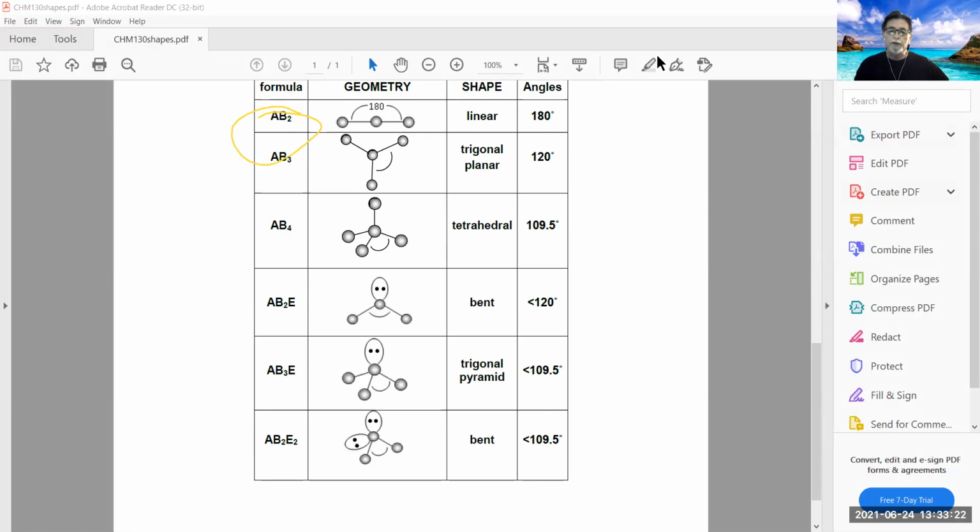And for water, it is given from the general formula. I now know the geometry. Here's the structure, where this would be oxygen in the center, these would be hydrogens being bonded, and then here's the two lone pairs. That geometry has a name that we call bent, and its bond angle between the two hydrogens is 109.5.